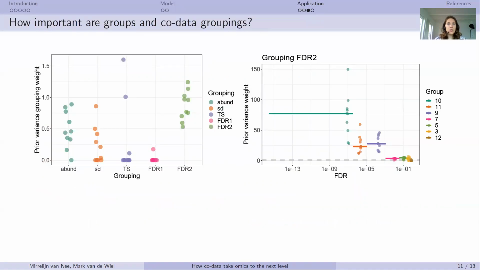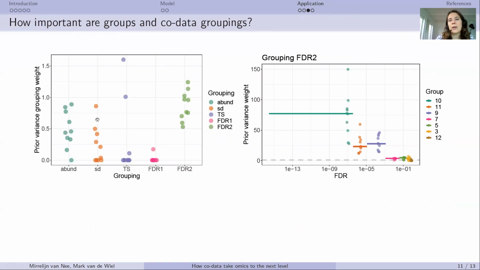Now, let's go to the results on the question, how important are groups and codata groupings? So we can interpret these prior estimates. On the left, you see the grouping weights, and on the right, the group weights for different folds in cross-validation.